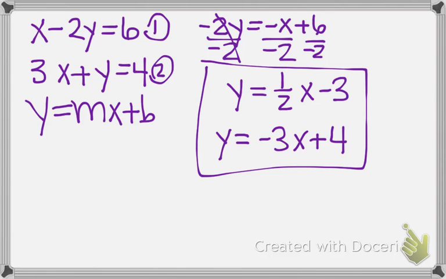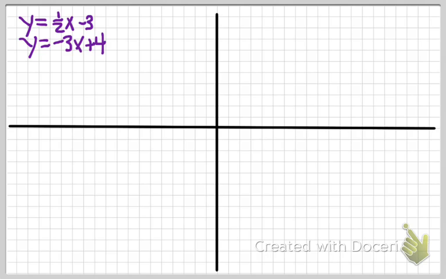Now we can graph both of these equations. We'll graph the first equation by putting a point on negative 3 on our y-axis. We'll rise 1, run 2. Rise 1, run 2. Connect the points.